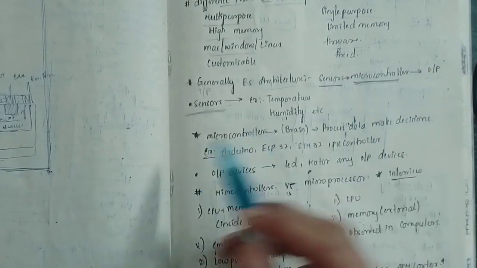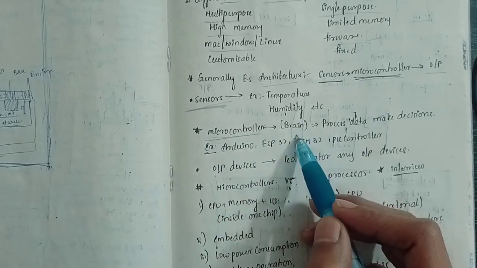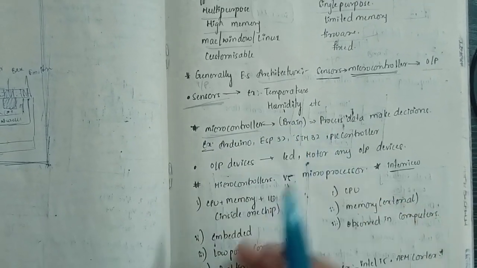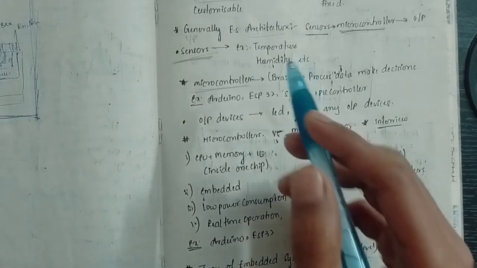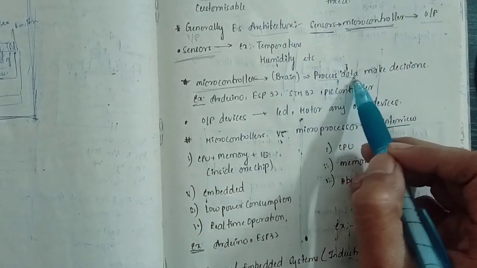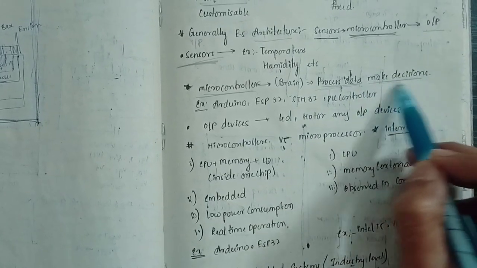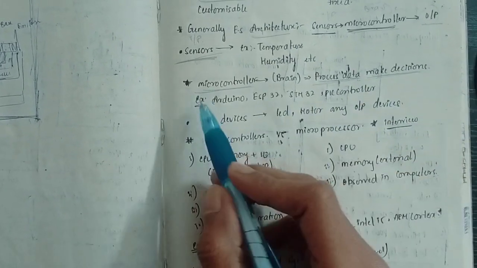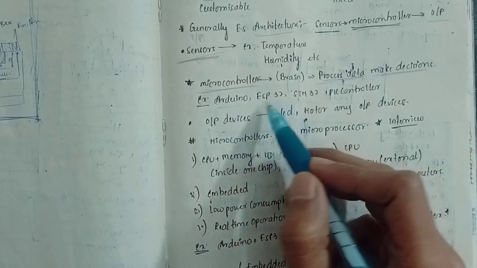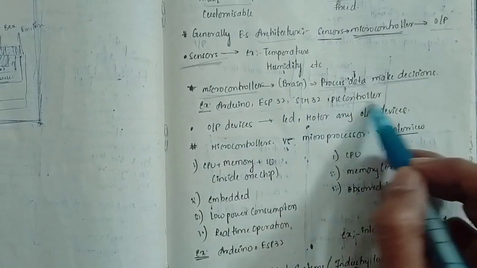The microcontroller acts as the brain for an embedded system. Microcontrollers generally have limited memory. It also stores data, processes the data and makes decisions as per the outcome we require. Examples are Arduino, ESP32, STM32 and PIC controllers.